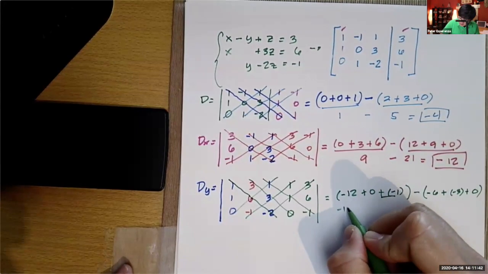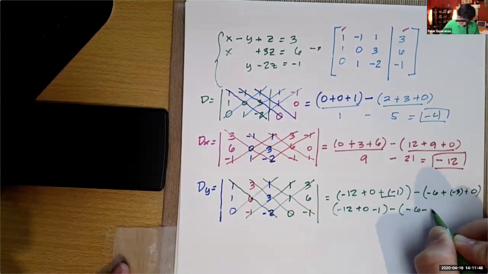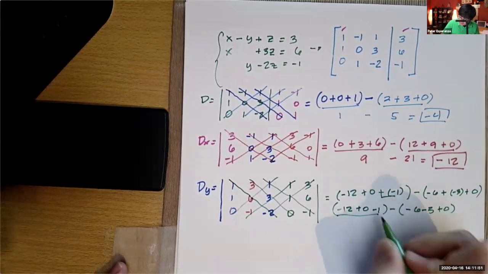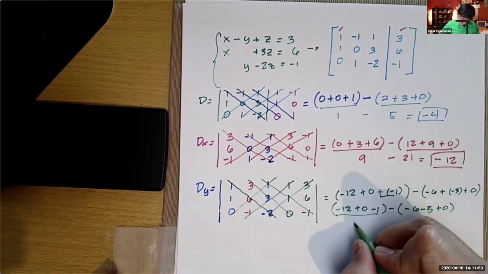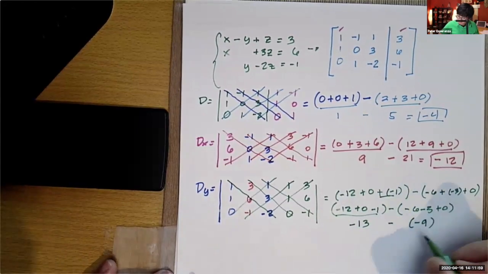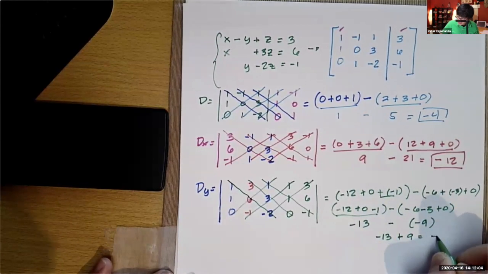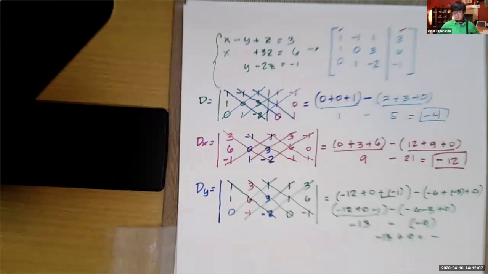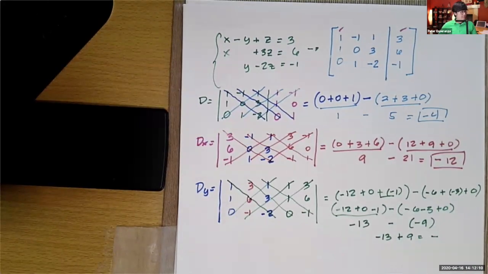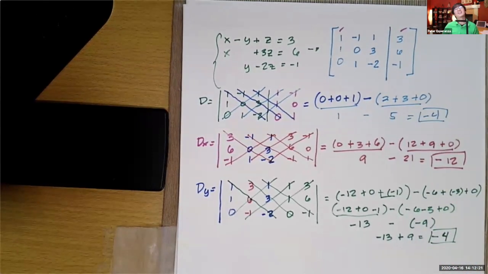So I have negative 12 plus 0 minus 1 minus negative 6 minus 3 plus 0. What is negative 12 minus 1? Negative 13 minus negative 9, so I have negative 13 plus 9. I know it's negative, but what is negative 13 plus 9? Tell me. 4. Positive, negative? Negative 4.